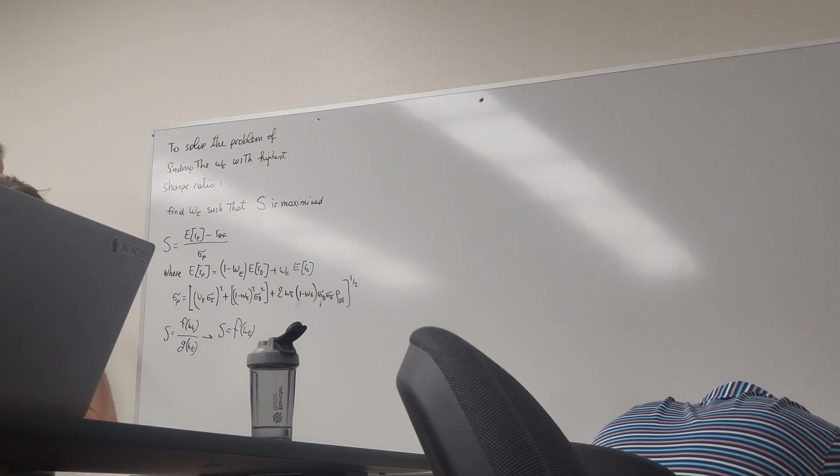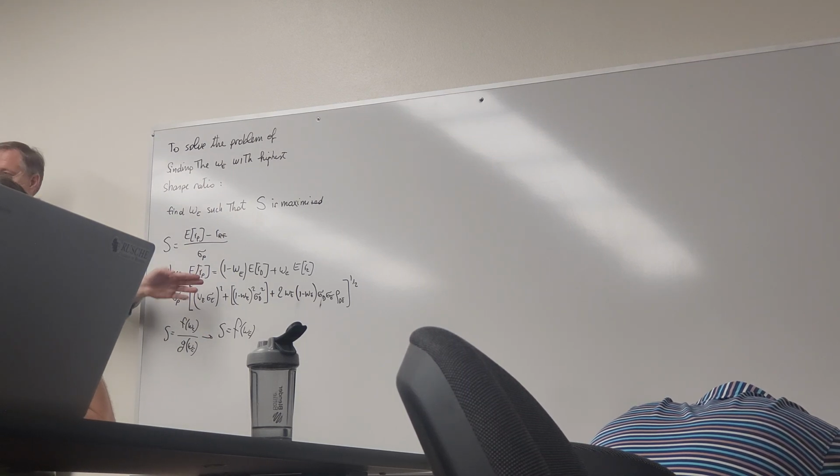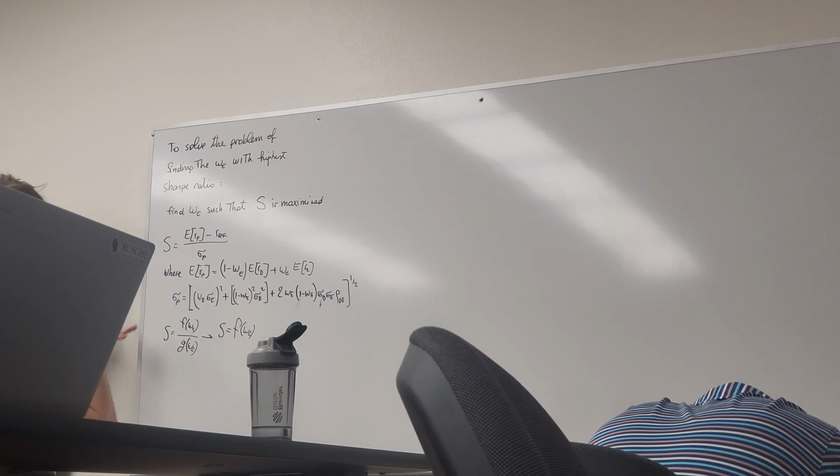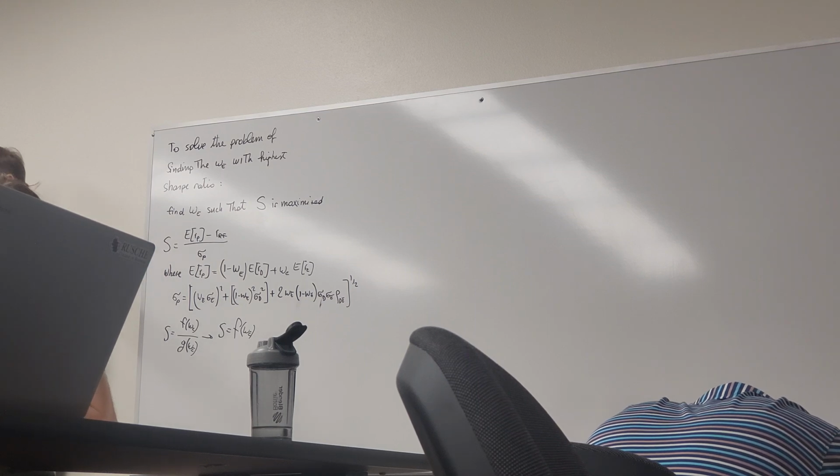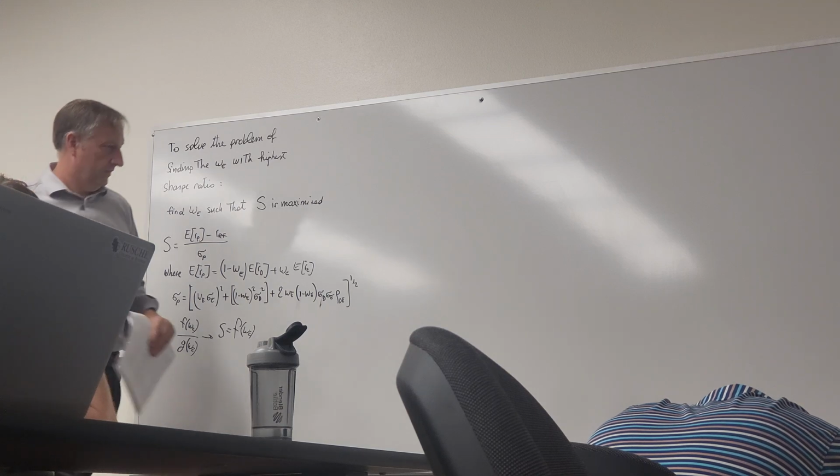How do you find the highest value of a function? Take the derivative, set it equal to 0. So far we've established that this Sharpe ratio depends on the weights. You want to find the highest Sharpe ratio. So you take the derivative with respect to the weights, set it equal to 0, and solve.